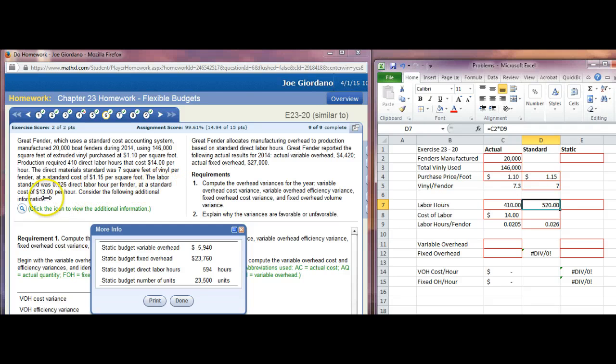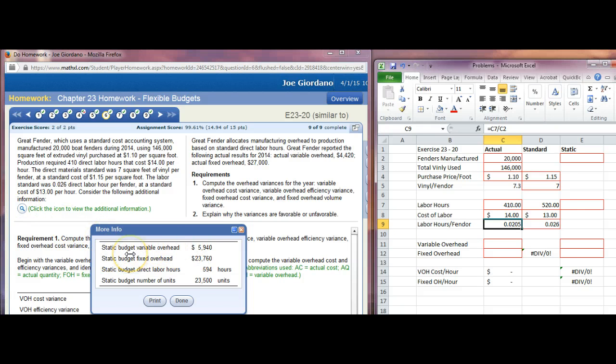At the standard cost of $13 per hour, we're talking about labor. So again, we expected the cost 13. It actually cost us 14. We expected it to take 0.026 hours. It took less, so that's good. All right. Then it says consider the following. When I click on this, I get all this info here.